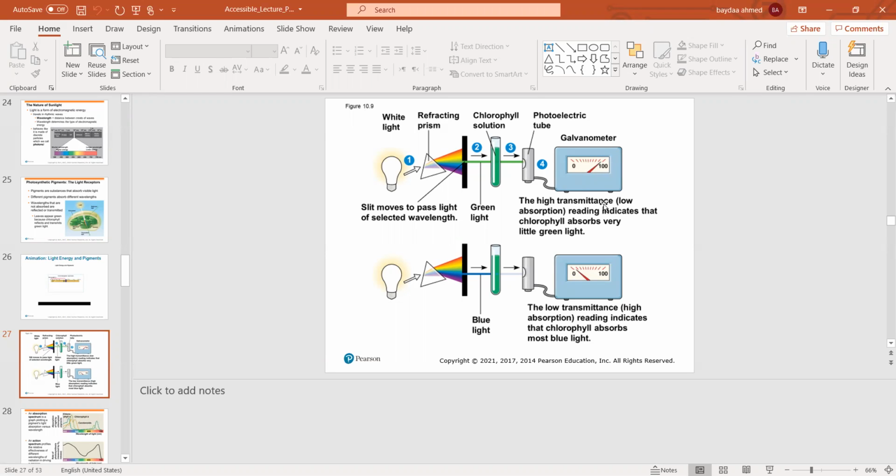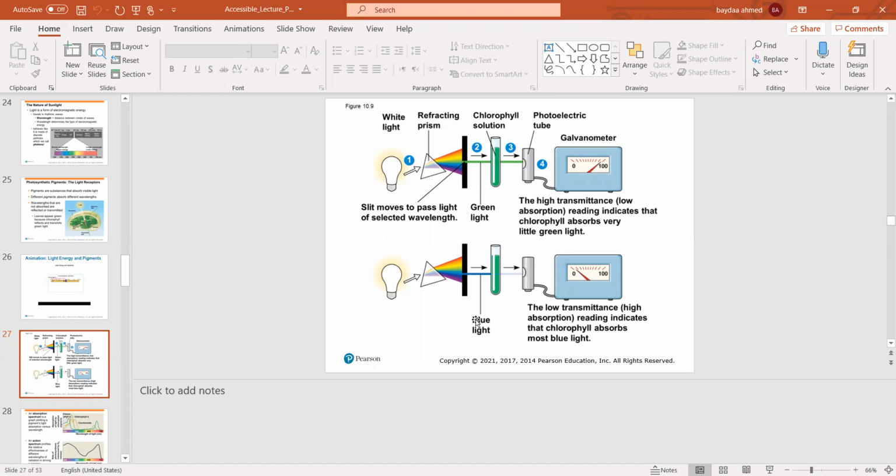White light is separated into colors, wavelengths, by a prism, one by one. The different colors of light are passed through the sample, and we have chlorophyll in this example. Green light and blue light are shown here.